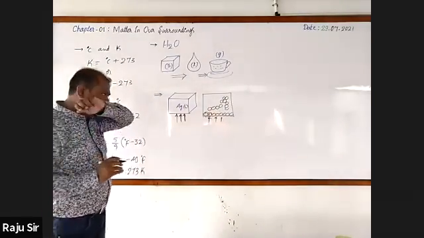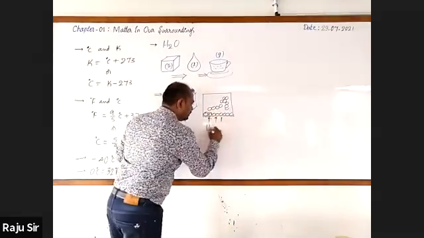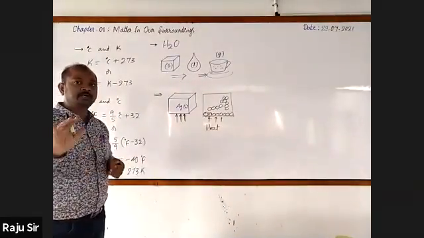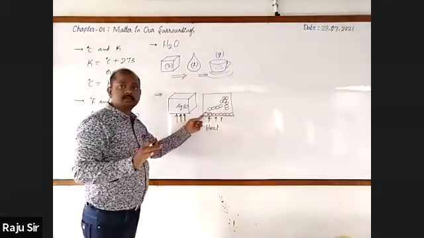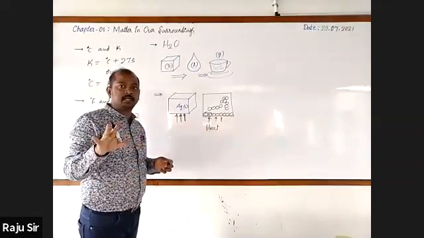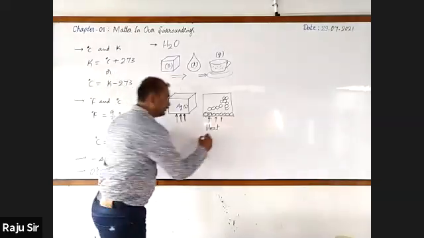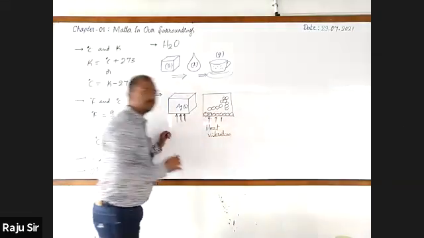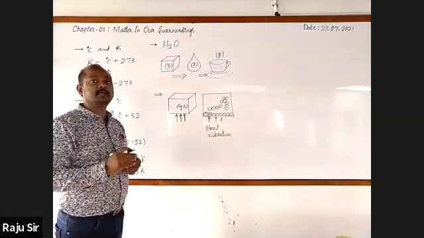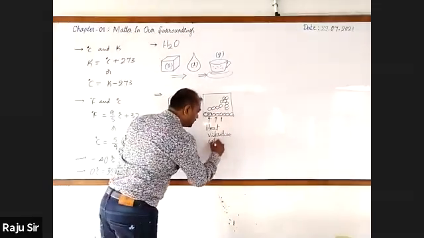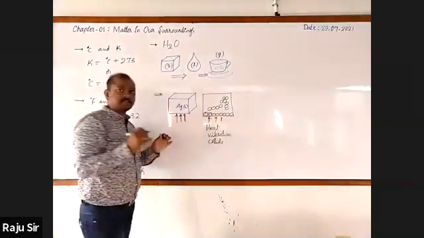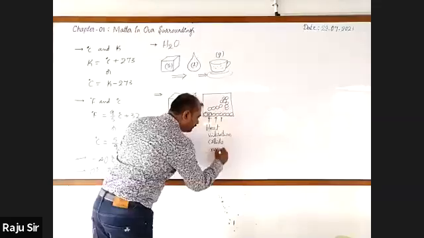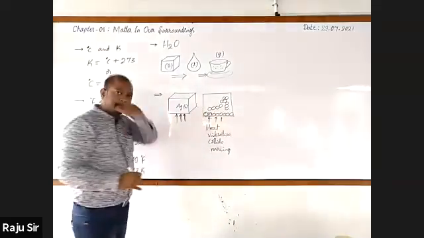Very simple. When heat is given to a solid substance, the particles present in the solid start vibrating more. Vibration increases. Due to this, particles collide with each other. As a result, they start moving away from each other.